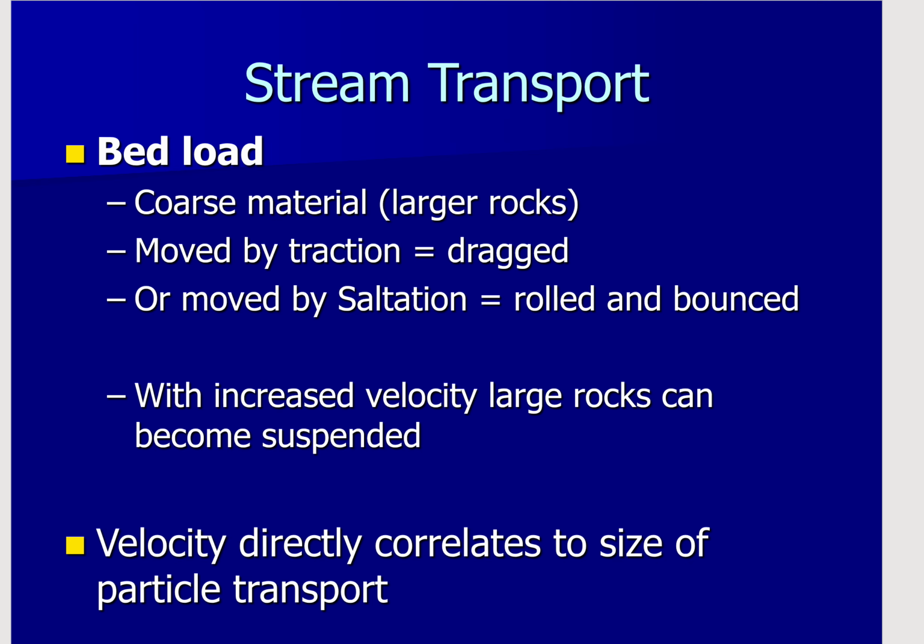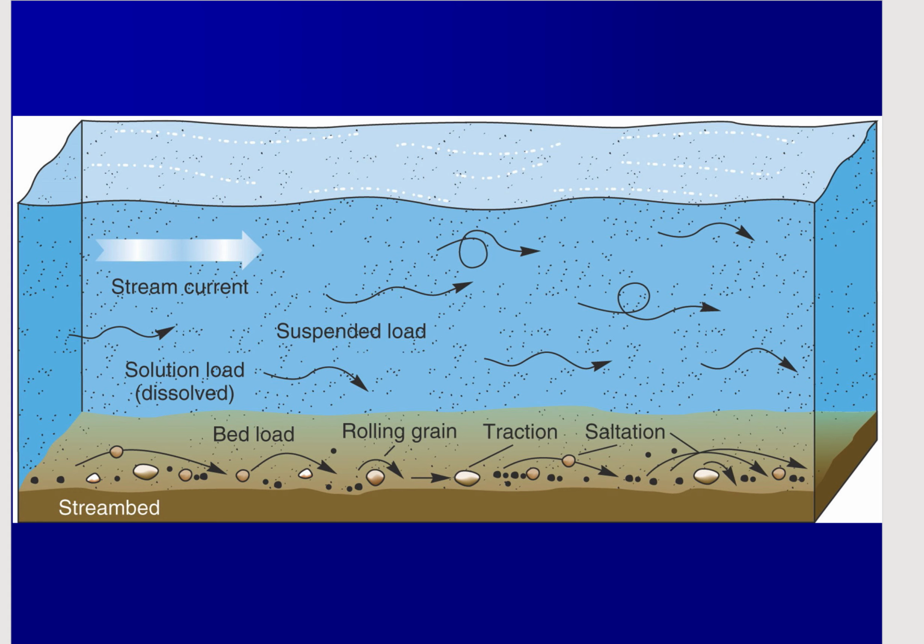All right. So in this diagram, then, we've got an illustration of all of the different mechanisms that we have. So the solution material you can't see. Suspended load are all these tiny little particles that are moving along in this channel right from the bed all the way to the top. With bed load is everything that's moving along the bottom, and it can be moved by being dragged and rolled, or it can skip.